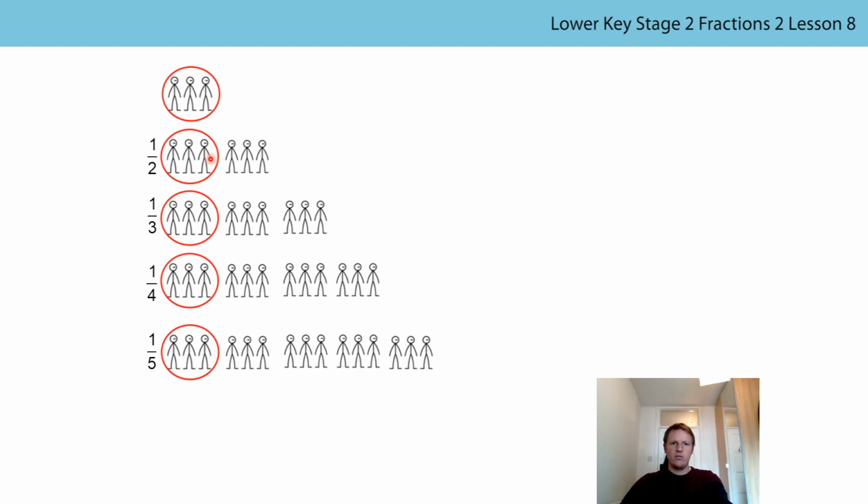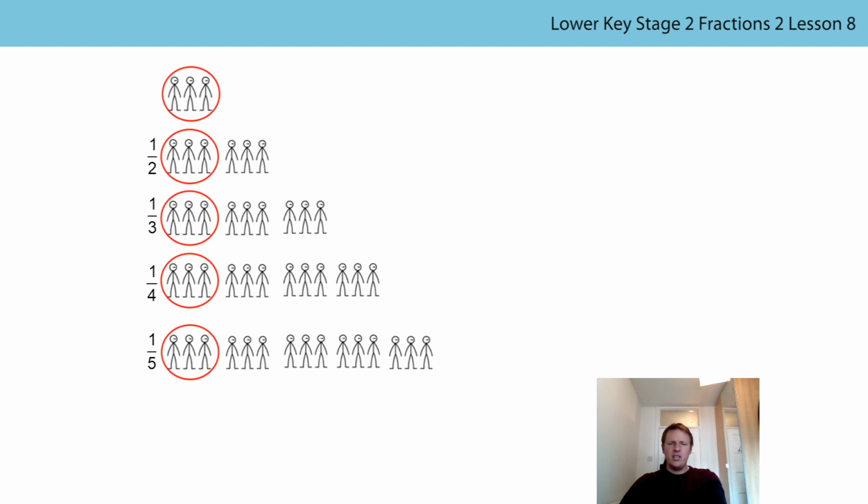I can see lots of groups of 3 children. That's the same all the way through. So we can start to compare the fractions. Now another thing that's the same is the numerator of each of the fractions is always 1. That's because 1 part has been circled in each of the rows.